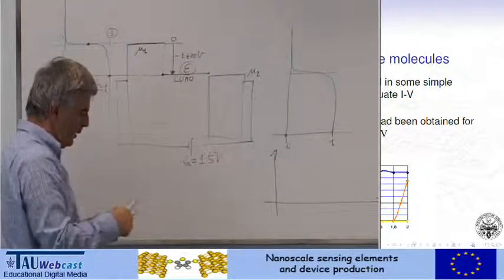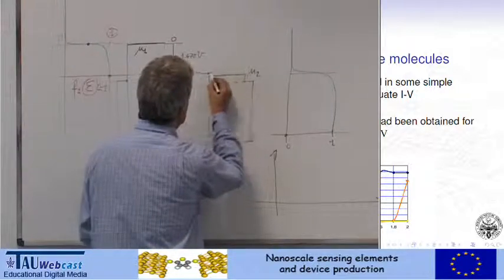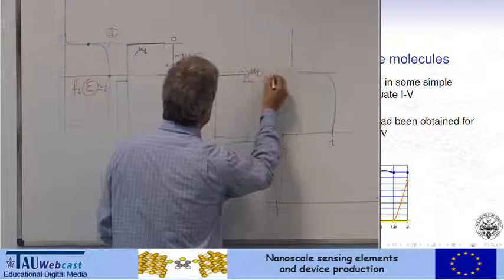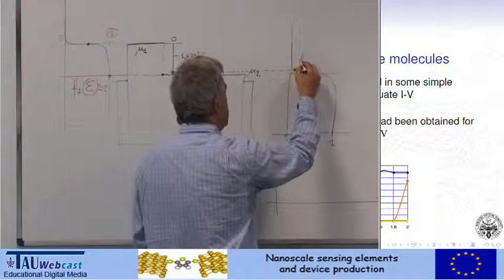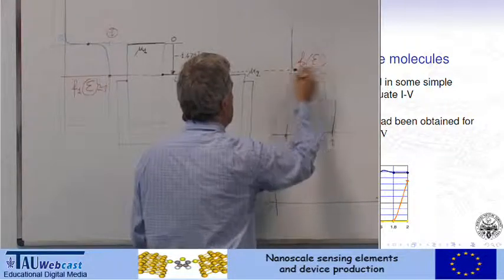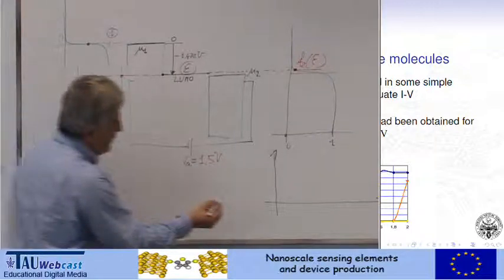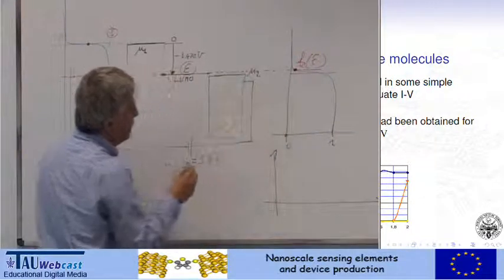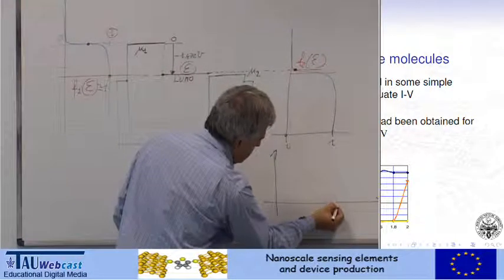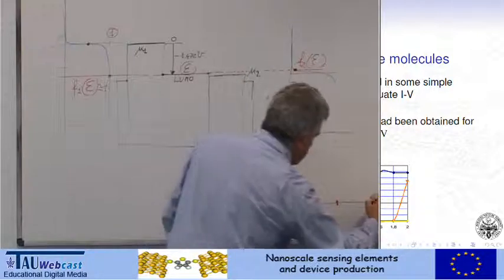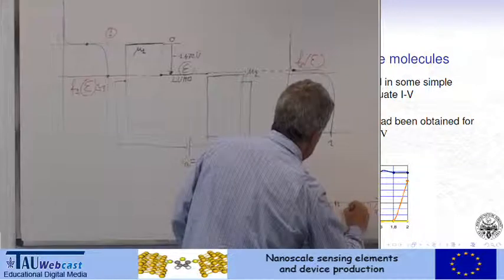Now we have to evaluate the value of F2 of the molecular level E. So it's clear that we have a threshold when VA is approximately 1.415 volts.